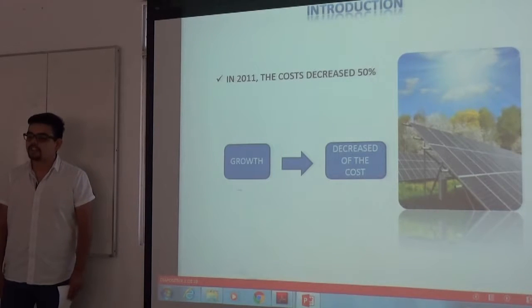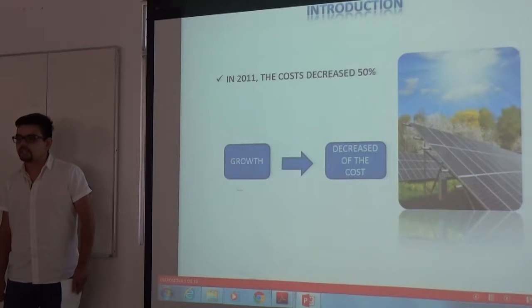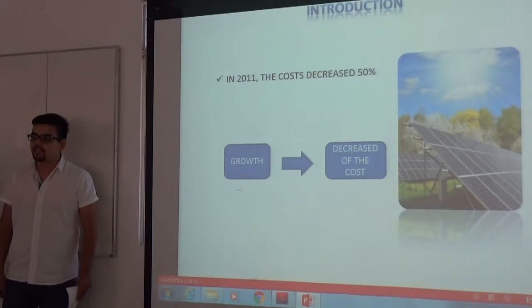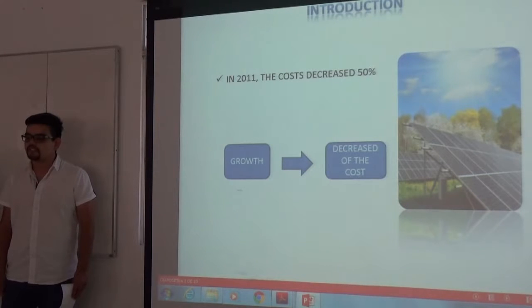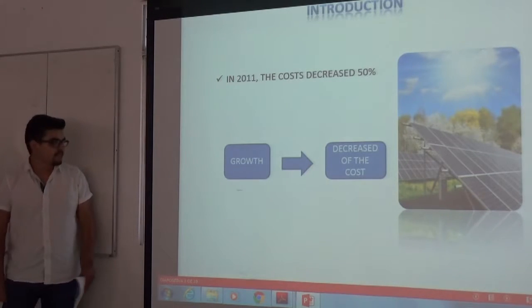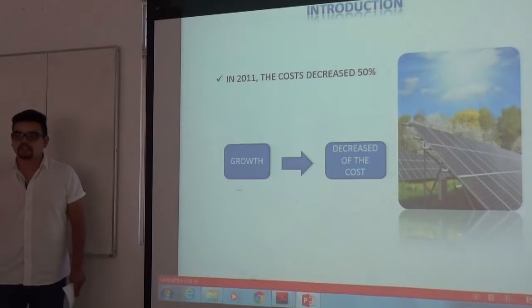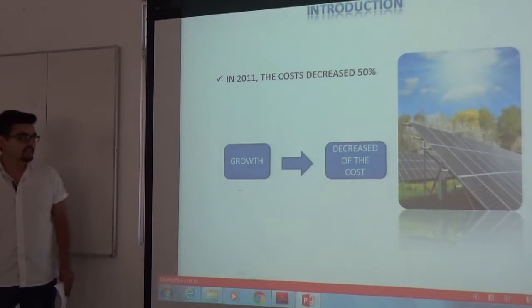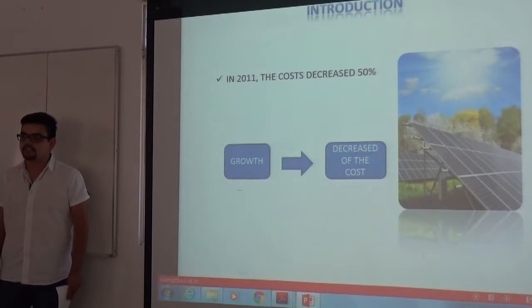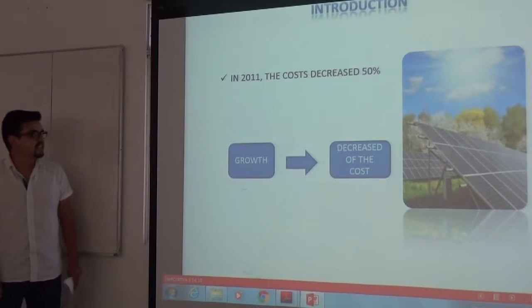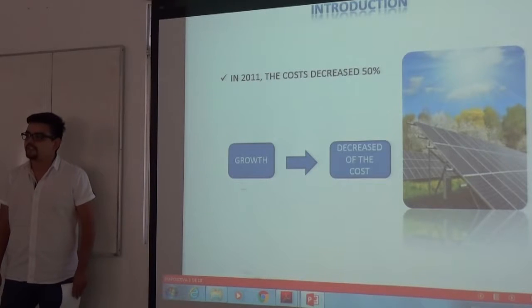Photovoltaic solar energy has grown quickly in recent years. This growth was due to the decrease of the cost. In 2011, the cost decreased 50%, and the cost of installing decreased 20%.